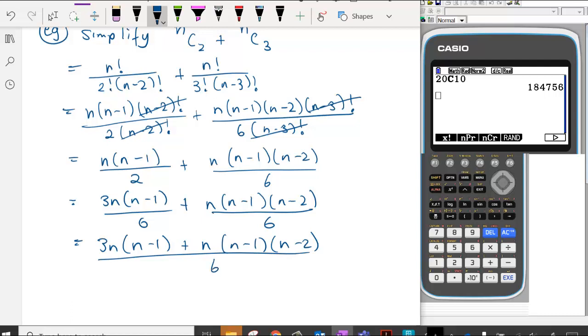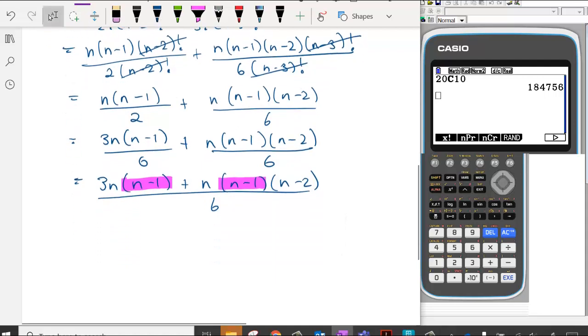Now, at this stage, we could probably leave it like that. But what I recognize is that we do have a common factor here. We have an n take 1 on both. So if you didn't see that at this stage, that's not a big deal. But because I did see it, I'll take the opportunity to show you. I can also see that there's another common factor here. There's also an n. So I'm going to say that I've got a common factor of n(n take 1), which means I'm going to take that all the way out in front.